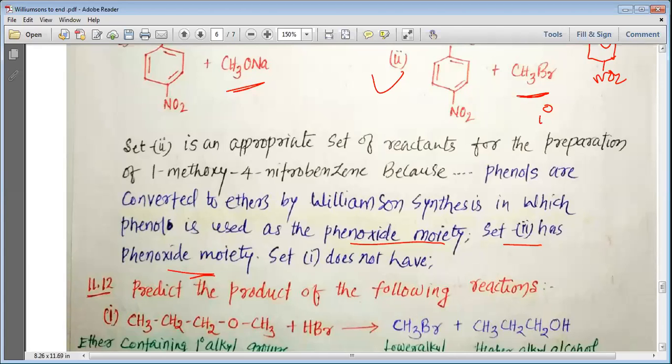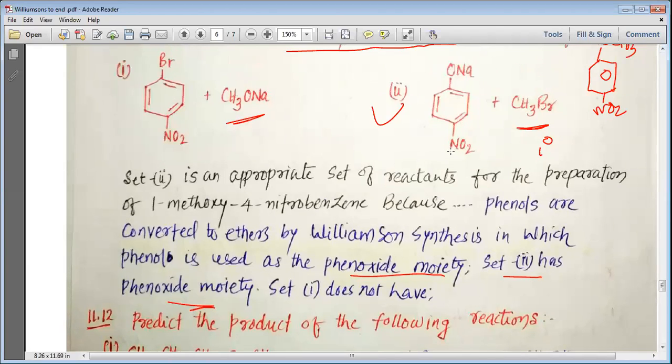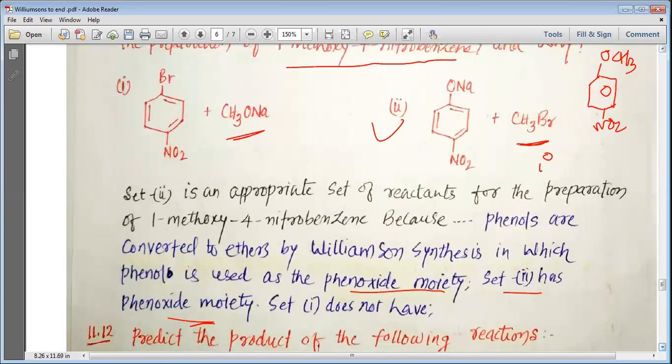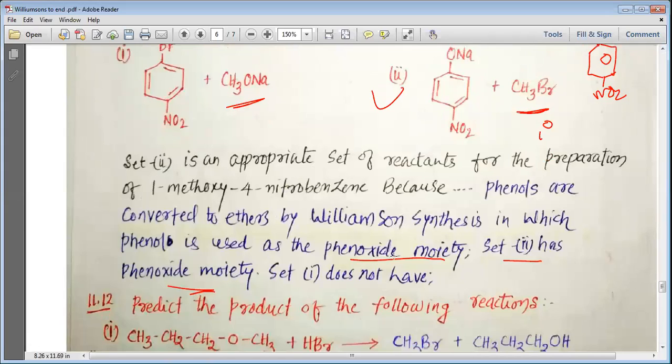You can see here that whenever we want to prepare the aryl ether, we need to have the phenoxide moiety. And set 2 has the phenoxide moiety, while set 1 does not.